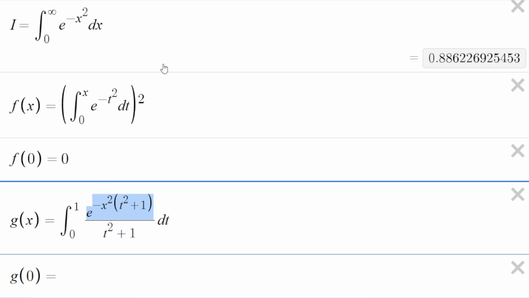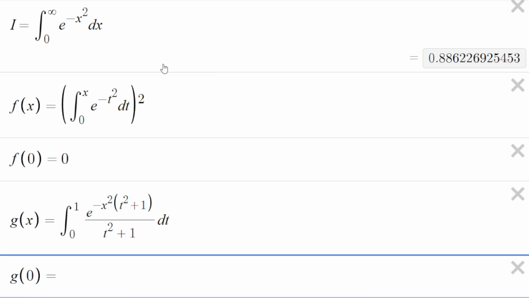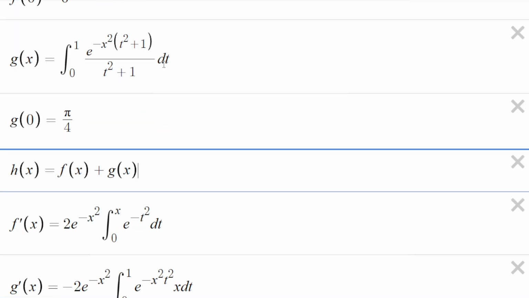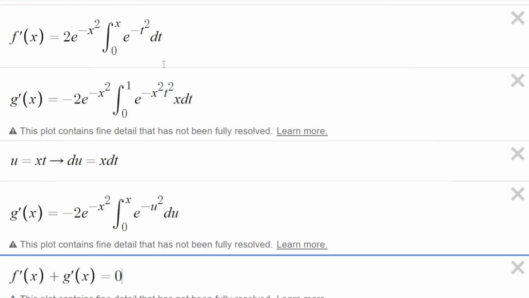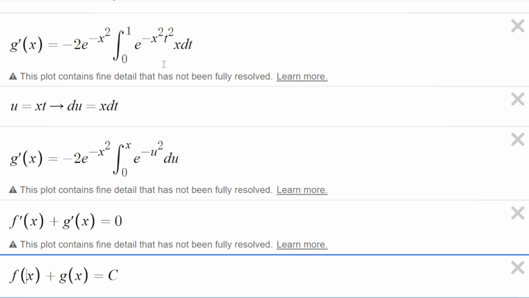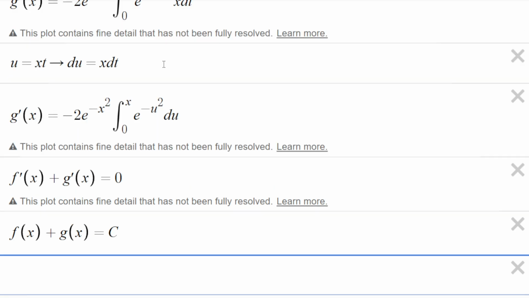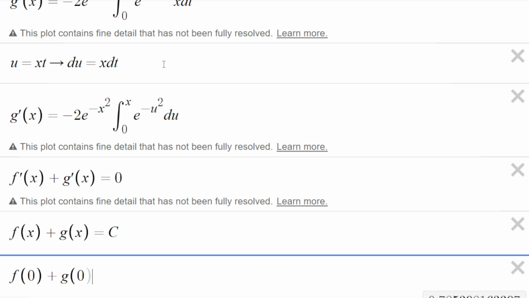So we'll be left with the integral from 0 to 1 of 1 over t squared plus 1 dt, which is pi over 4. So f of 0 plus g of 0 is equal to c, which is equal to 0 plus pi over 4, right?